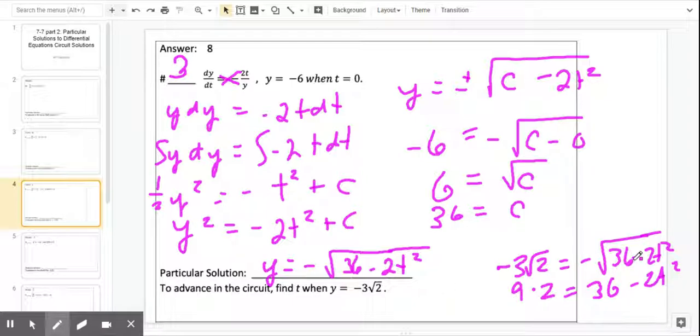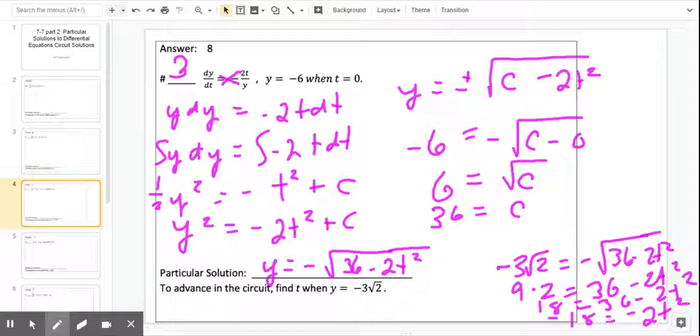So then we have, of course, I'm running out of room. So 9 times 2 is 18. So we have 18 equals 36 minus 2t squared. Subtract 36 from both sides. Negative 18 equals negative 2t squared.